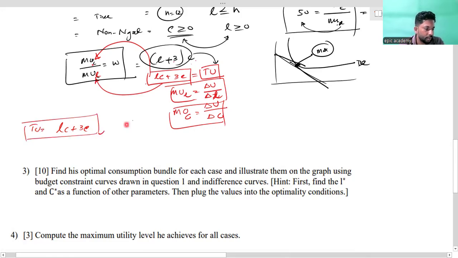Then we calculate the marginal utility, first with respect to consumption. Here, for consumption, the value is only 3. This is related to L. So then what happens? MUL. It is MUL.